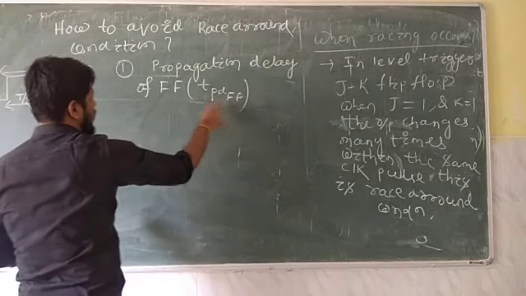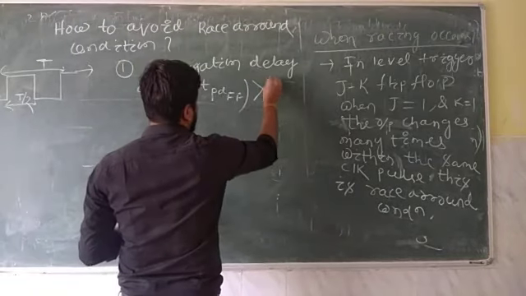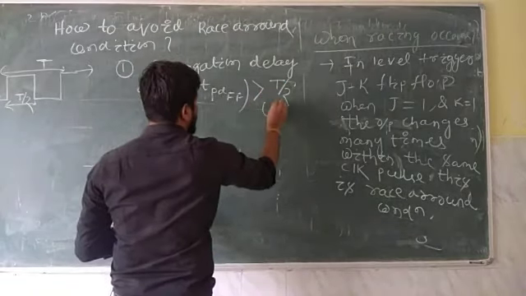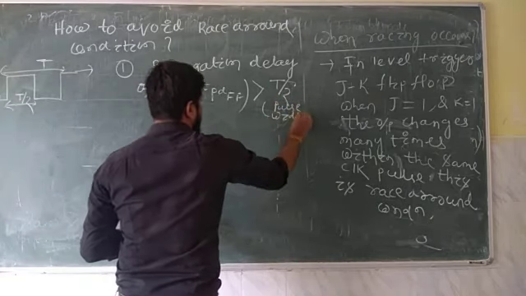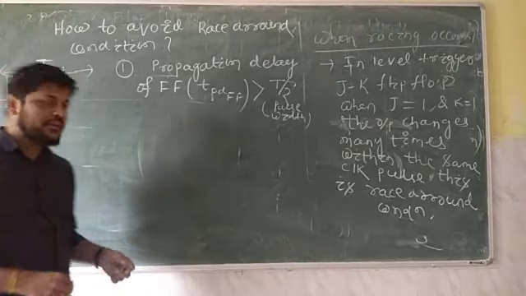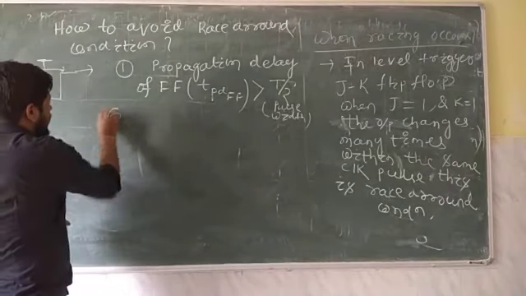Propagation delay of flip flop, TPDFF, must be greater than or equal to T by 2, that is your pulse width. So the propagation delay of your circuit must be greater than or equal to the pulse width; only then will this race around be avoided.